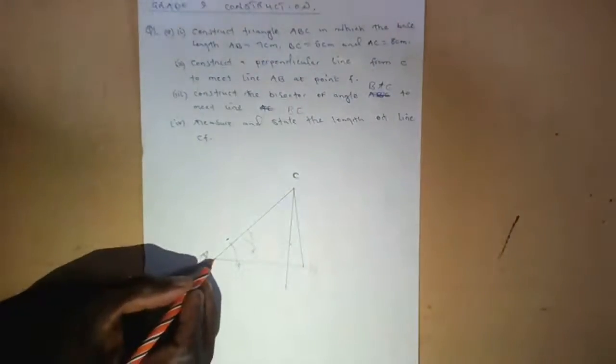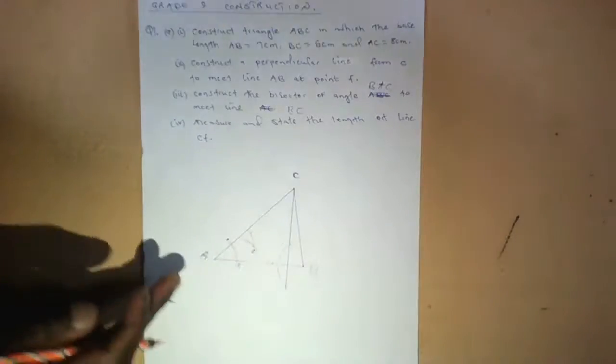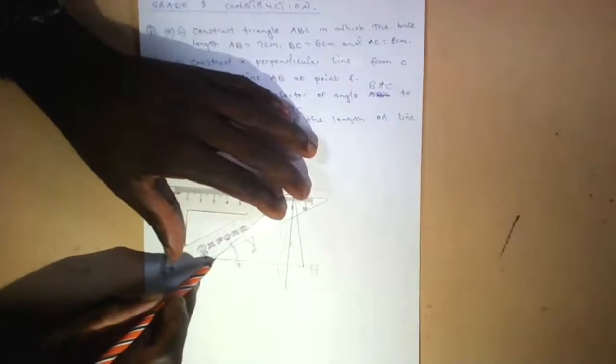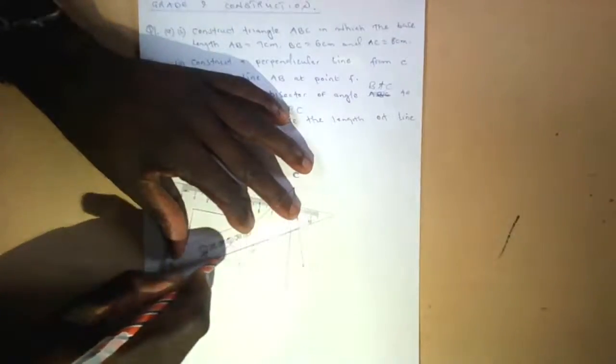So starting from point 1, passing through point 3, that's where we are going to draw a line. And the line is going to bisect this angle BAC. Now, to bisect means we're dividing that angle into 2 equal parts. So I have to start from A, and then pass through point 3, and then the line I'm going to draw is going to be like that. So that is how it is done.